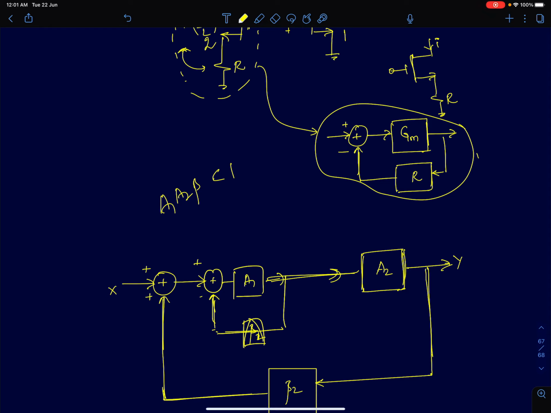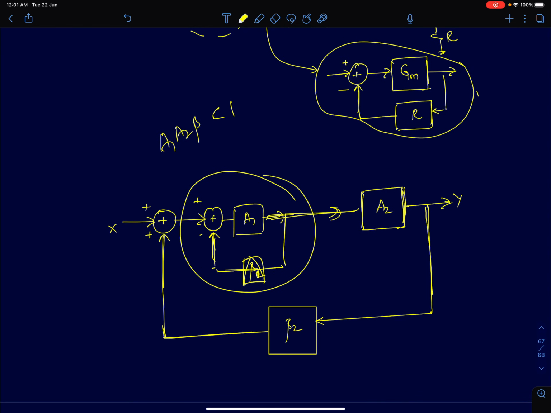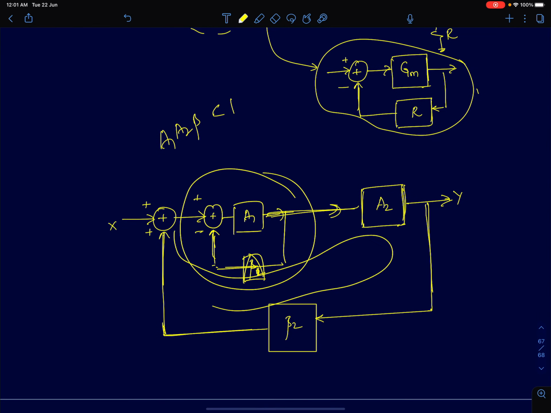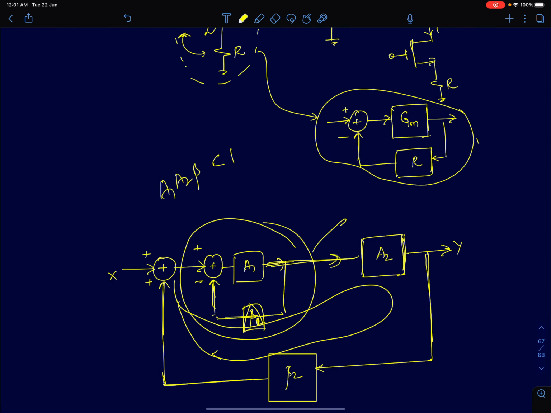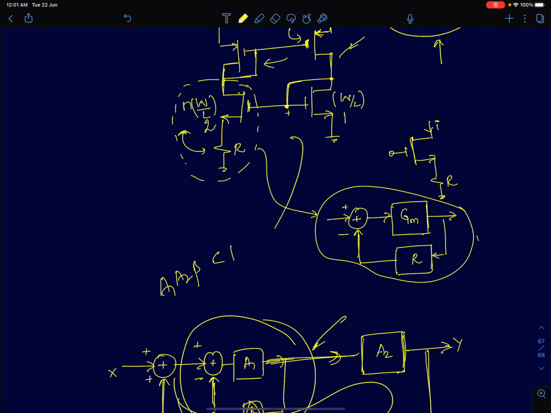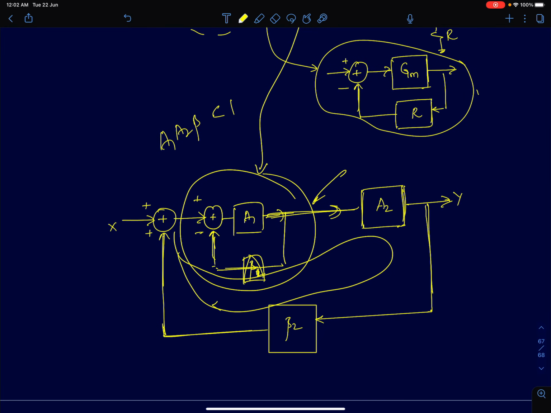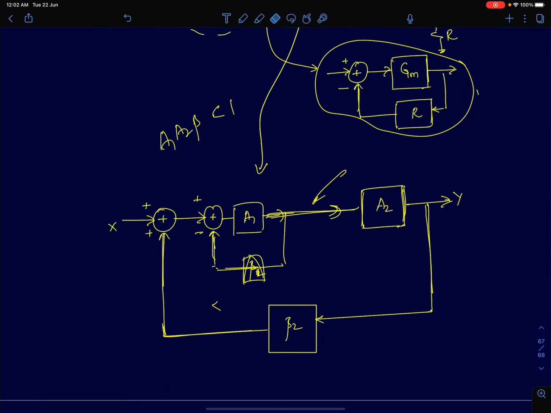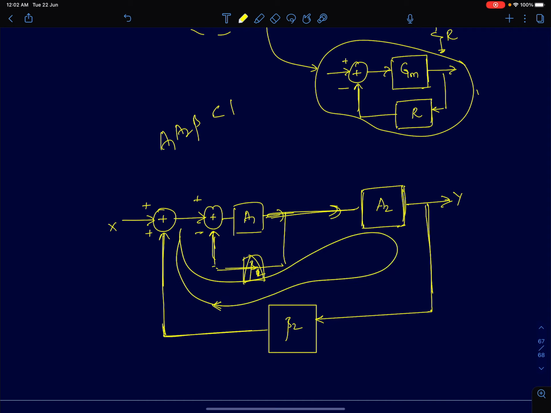So there is some local negative feedback loop, but the overall loop here is a positively fed back loop. This circuit will be better represented by a mathematical model which looks this way, with a local negative feedback and an overall positive feedback loop. It really doesn't make a difference because it's the overall positive feedback which dominates.